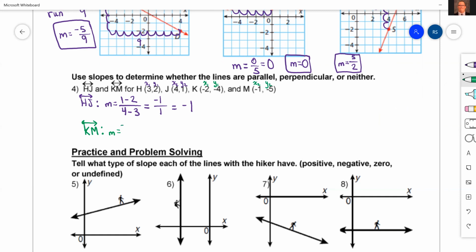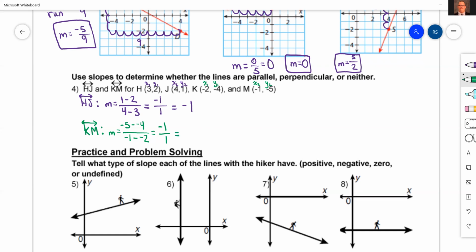So Y2 is -5 minus Y1, -4, over X2 is -1 minus X1 is -2. -5 minus -4 gives me a -1. -1 minus -2 gives me a +1.